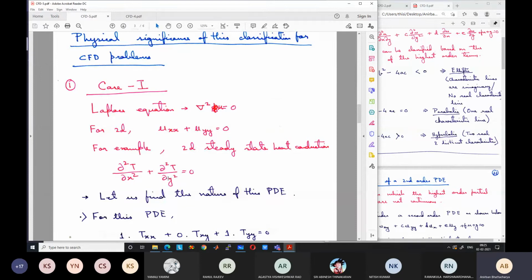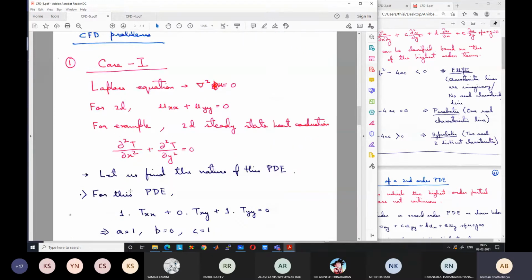So you have a 2D domain because there is variation with x and y, and within this domain temperature T is defined, and we want to understand the nature of the behavior of the temperature.